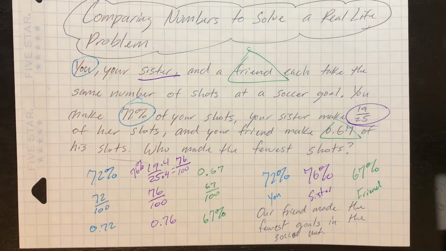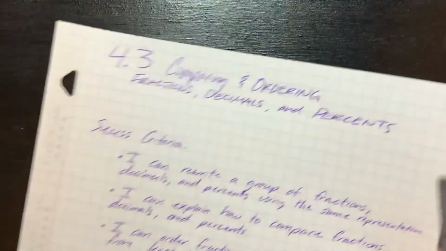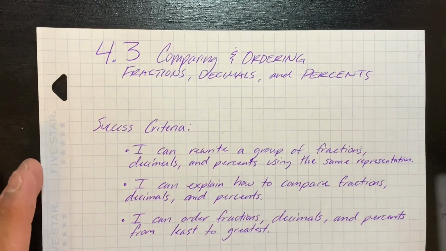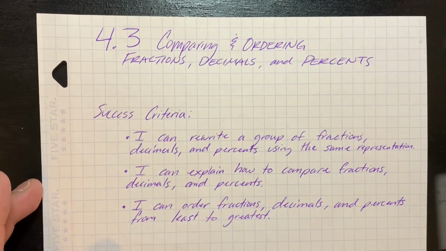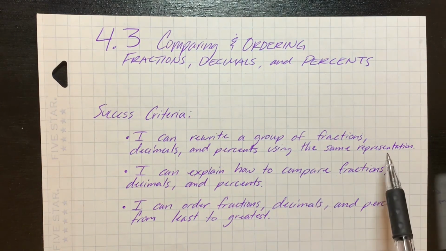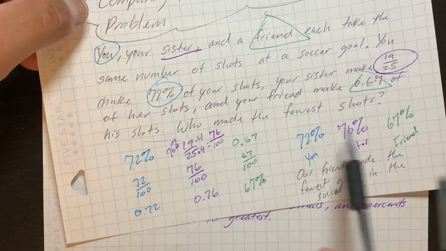All right. Now again, there you go. We compared fractions, decimals, and percents, and we ordered them from least to greatest. We just compared similarities and differences. Now in 4.3, comparing and ordering fractions, decimals, and percents, we rewrote a group of fractions, decimals, and percents using the same representation.